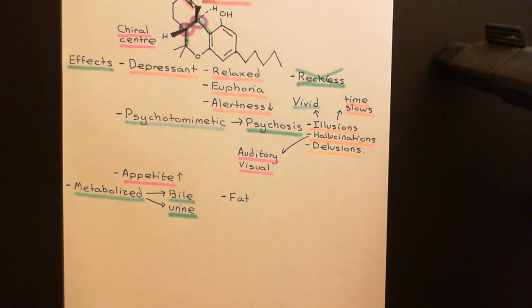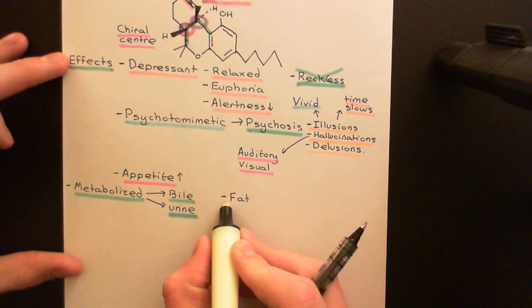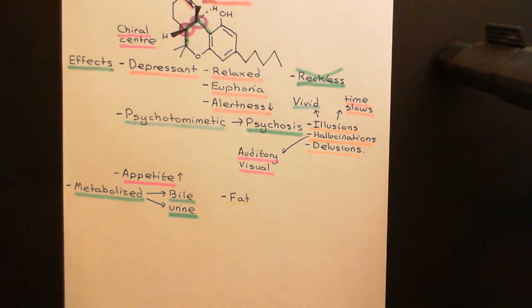So the level of delta-9 tetrahydrocannabinol in the blood falls, and then over a very long period, which can last for months after actually taking the cannabis, what will happen is the fat will be releasing the delta-9 tetrahydrocannabinol that it's got stored in it back into the blood. So it can last up to a month.